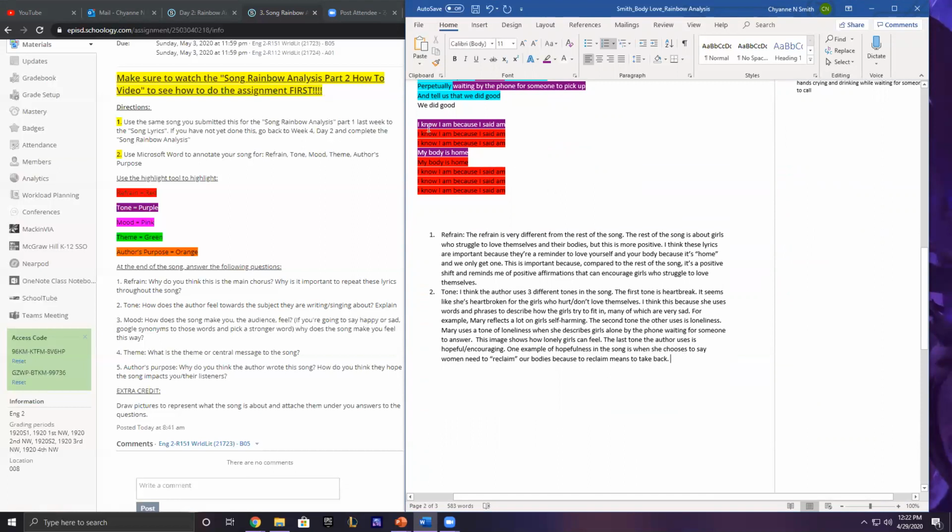But then the second thing I want to reflect on for a tone is that final refrain and that shift in tone. I kind of repeated a little bit of what I said in number 1, but I put that the final stanza is very different again from the rest of the song and seems to be more positive and accepting.